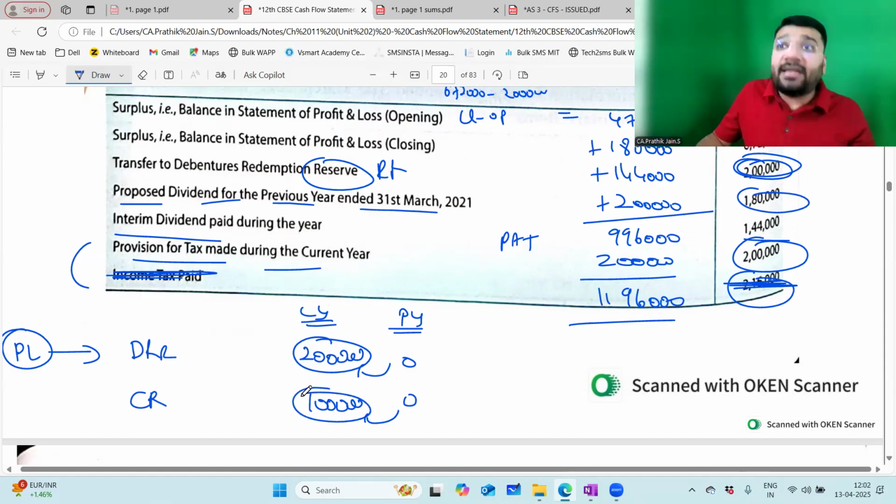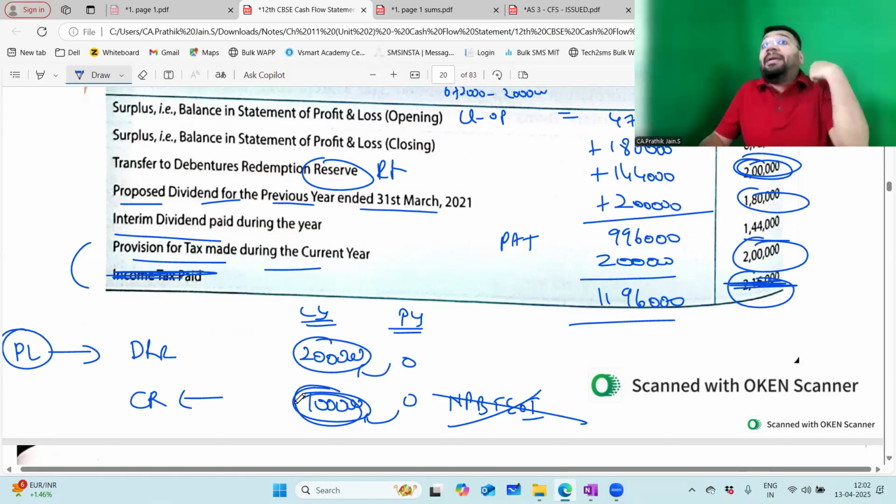So here also reserve increased from 0 to 1 lakh. Will I consider this for calculating net profit before tax and extraordinary item? No, sir. Because this 1 lakh was never created out of my P&L. It was never subtracted from my P&L amount.